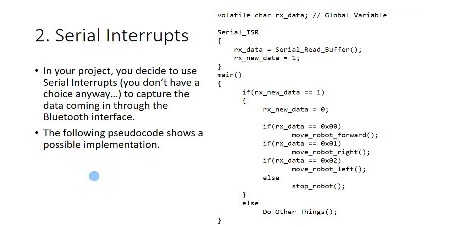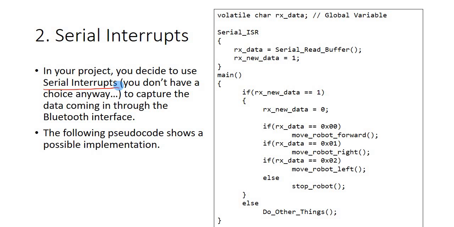Okay, so question 2 is on serial interrupts, and for our project we are required to use serial interrupts. You can always refer back to our lecture slides, where most of the code is already given. From there you can adapt to your lab exercise, and then integrate into your project.